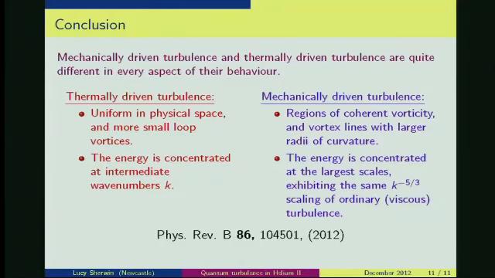But if the turbulence in the superfluid is mechanically driven, then we can see some features. For instance, we've seen the Kolmogorov energy spectrum. So the current working hypothesis here is that the presence of these longer, straighter bundles within the mechanically driven turbulence forms these large-scale motions that we need to create the Kolmogorov energy spectrum.